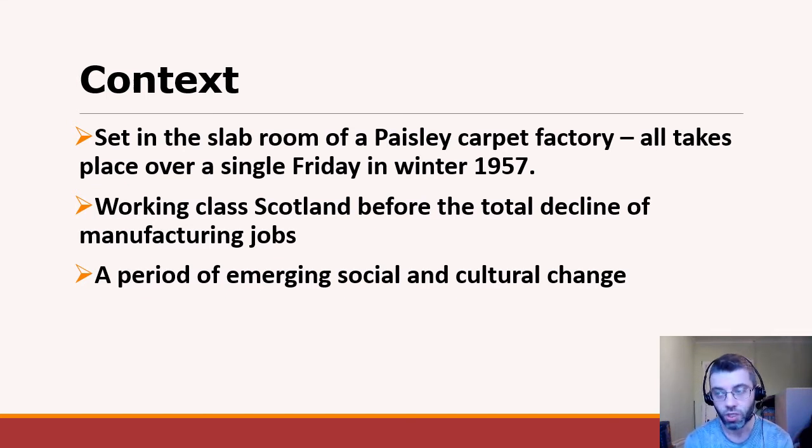So we're set in a Scotland that is still very much the old Scotland, that old industrial Scotland. We are looking at people working in a very industrial environment in one of the old carpet factories in Paisley, which incidentally is where the author worked as well.